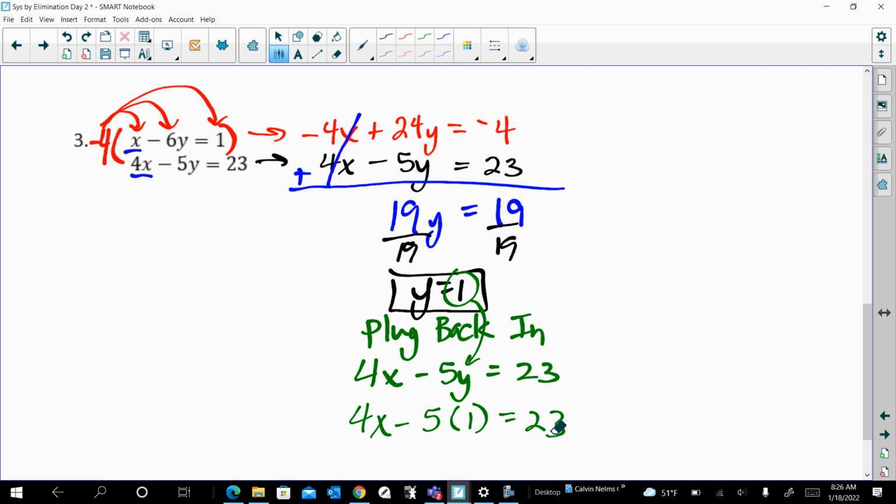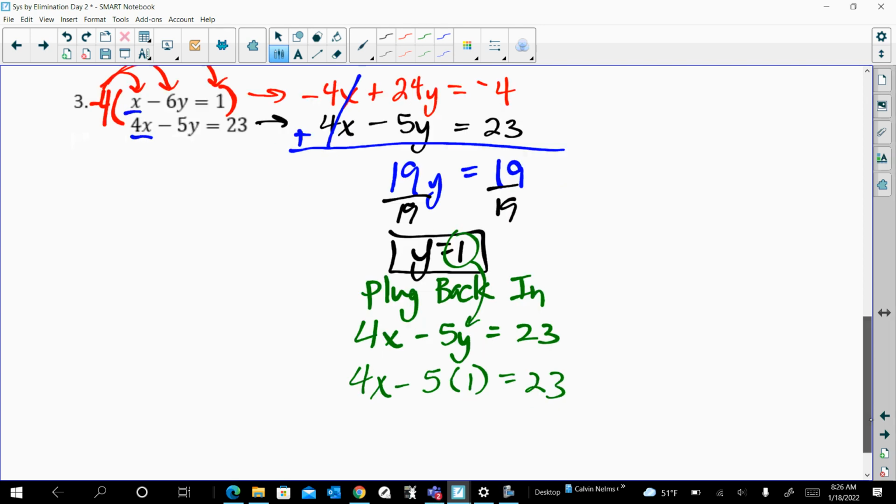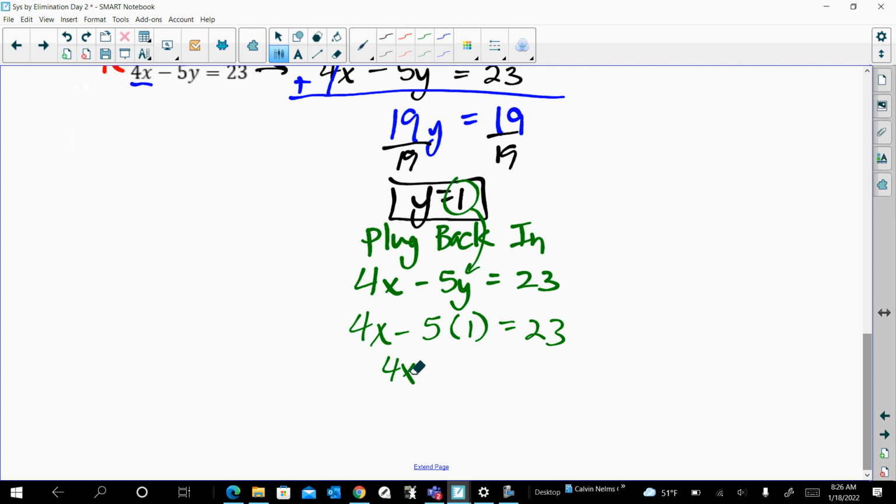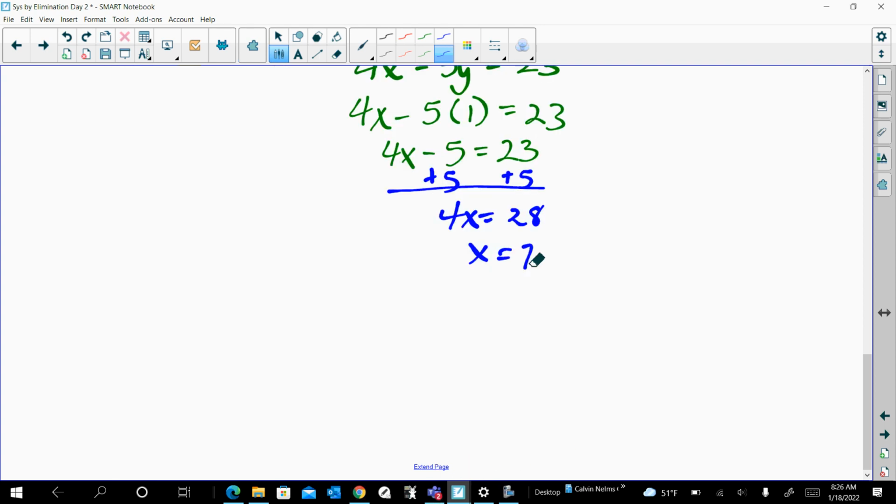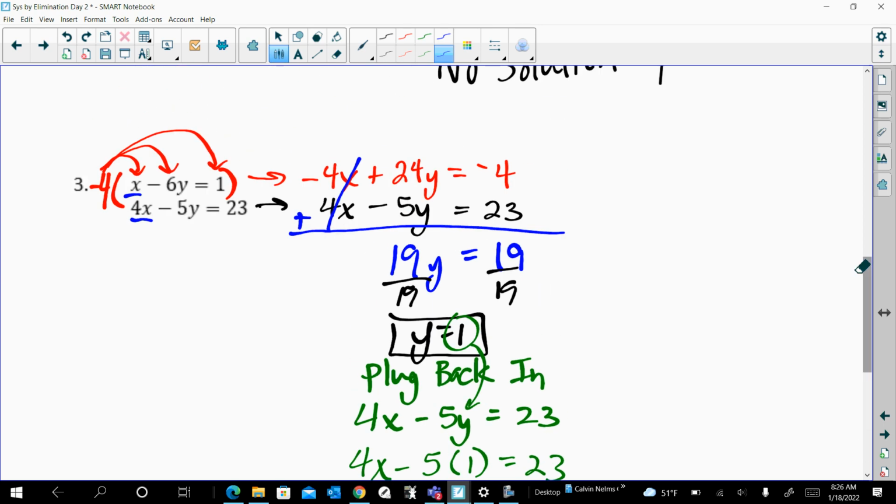What is our x? X equals 7. So our solution is 7, 1.